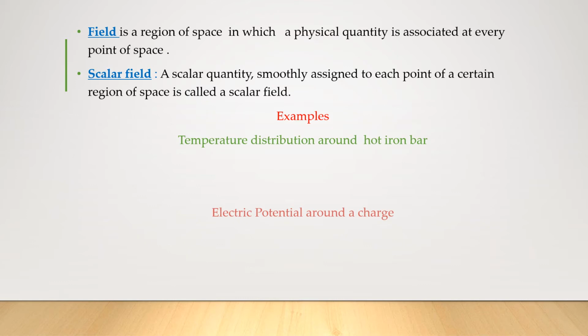Mathematically, field is defined as, field is a region of space in which a physical quantity is associated at every point of space. Okay, do not be confused. Whenever we say region of space, it is not just the set of points in this region.